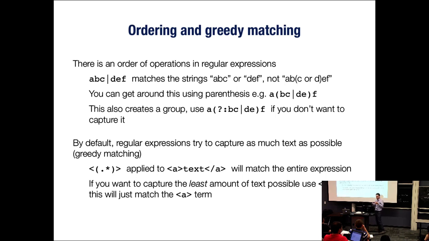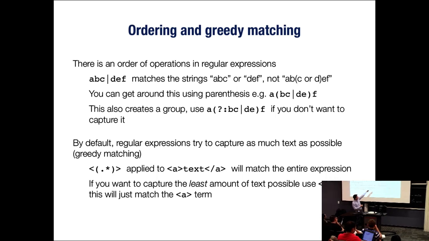So the or operator has very low precedence against just items in sequence. You can get around this using parentheses, so I can match sequences like A, then followed by BC or DE, and then an F by properly enclosing those things in parentheses.